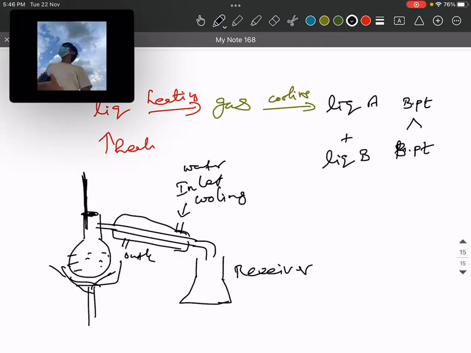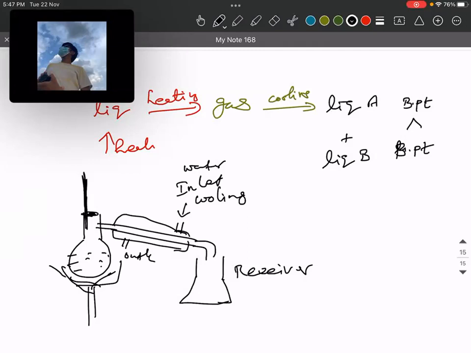So when two liquids have a difference of 10 to 20 degrees Kelvin, they can be separated by using distillation. When the two-liquid mixture is heated, the low boiling point liquid will come first, and the other, with the higher boiling point, is left behind in the flask itself.